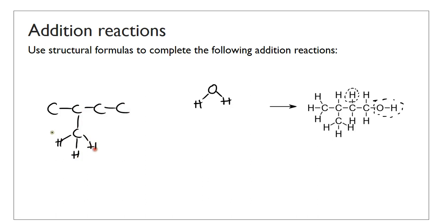Why did I draw a branch? What does it accomplish? Nothing. Okay, H and 2H. So everything has been redrawn except for the H on this carbon and the OH on the terminal carbon. So you need a double bond here as well. Let's just check. 1, 2, 3, 4. Everything has 4 covalent bonds.